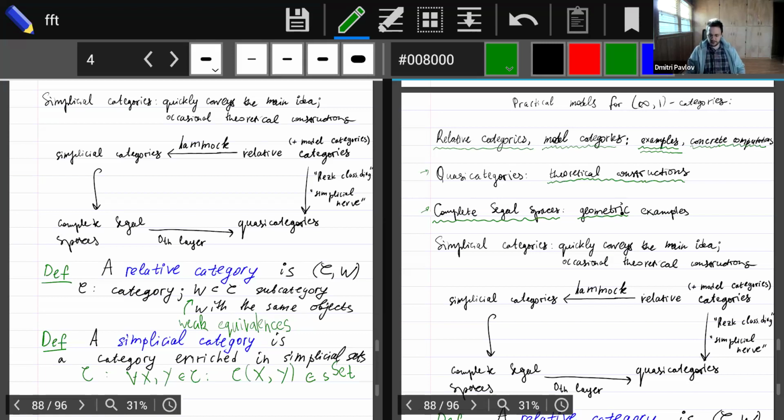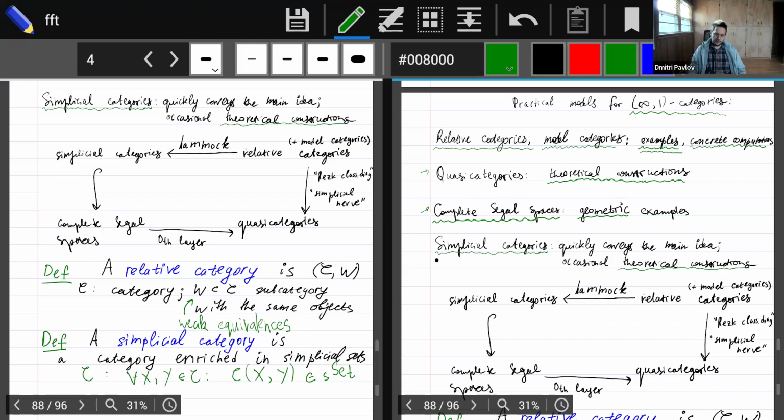And finally, let me also mention simplicial categories. This is really an auxiliary model, I would say, but it's quite useful in several theoretical constructions. And also it quickly conveys the main idea of an infinity-one category, that you should think of an infinity-one category as a category enriched in the appropriate model for spaces.